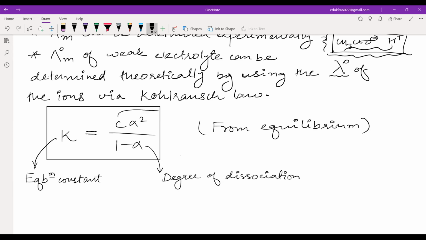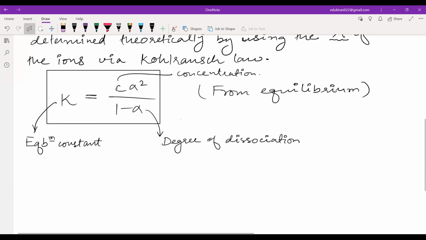And the C here is the concentration. Just look at it now. I will derive just after this how we get the equilibrium constant as C alpha square upon 1 minus alpha.